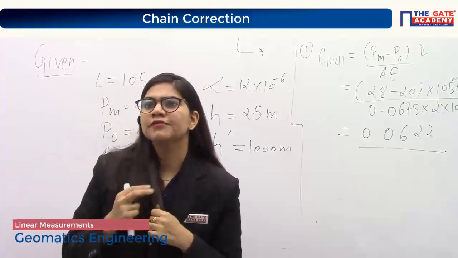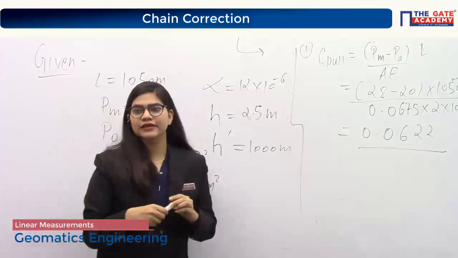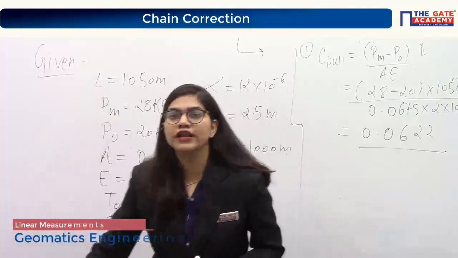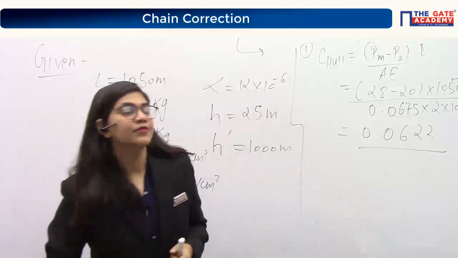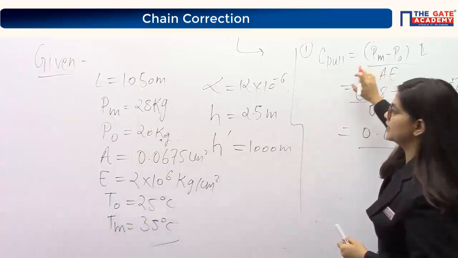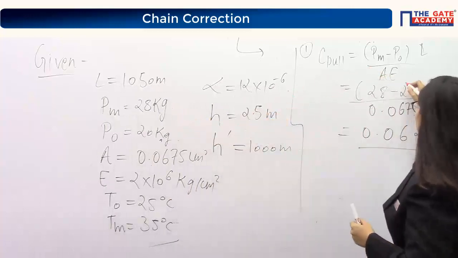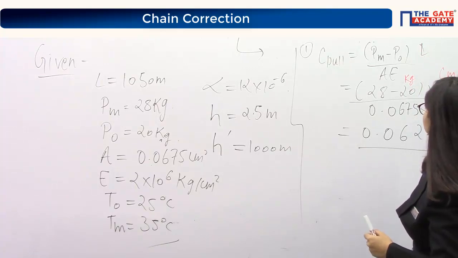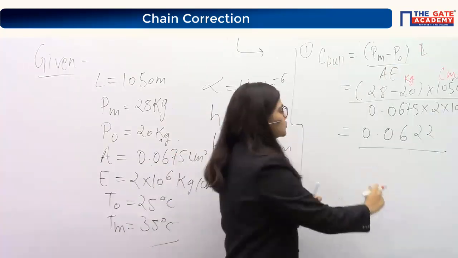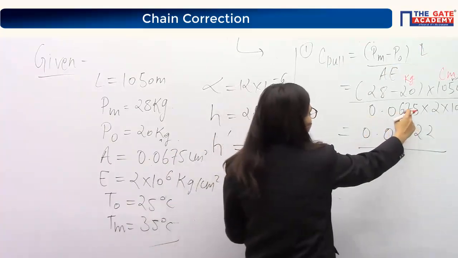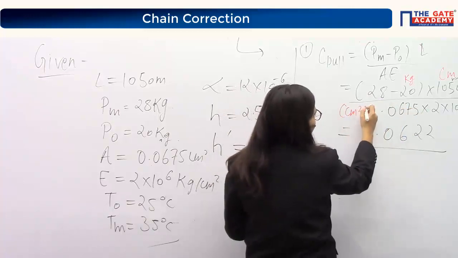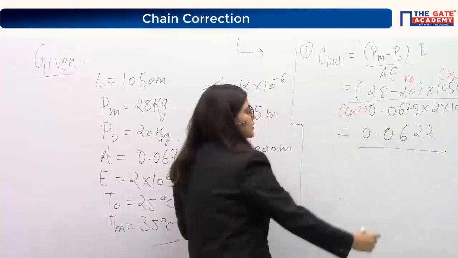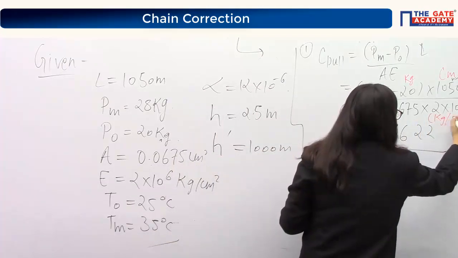Ma'am, pull is coming... No yaar, actually just see the unit. Don't change anything. There is no need of changing anything. If you see here, this P is given in kg, and this L is given in meter. And this 0.0675 is given in centimeter square, and this 2 into 10 to the power 6 is in kg per centimeter square.